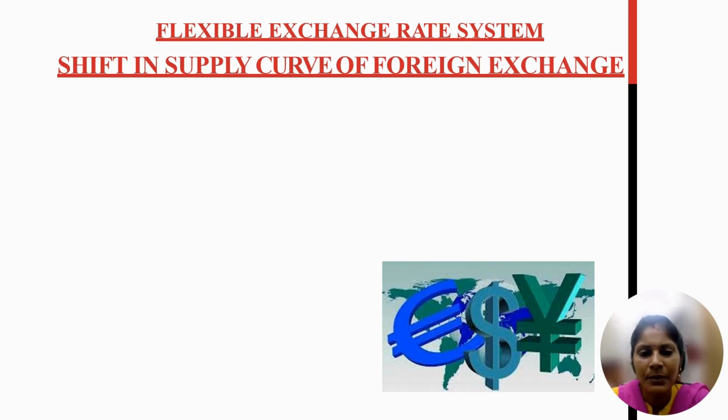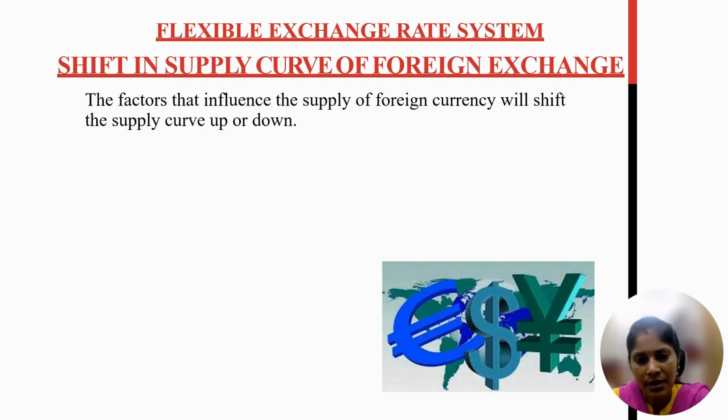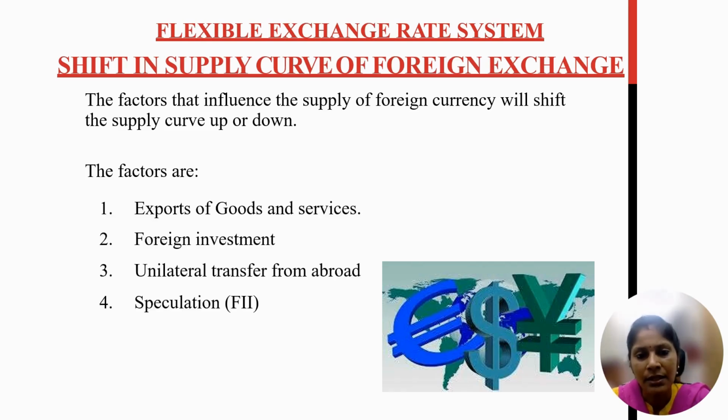Now we will explain the shift in supply curve. A change in the supply curve may be due to the factors that really influence the supply of dollars. They may be the exports of goods and services, foreign investments, unilateral transfer from abroad, and investment in foreign exchange markets.